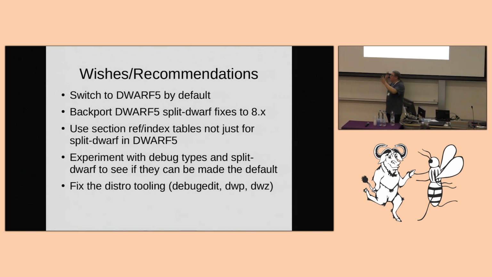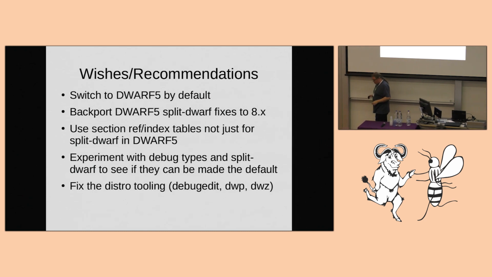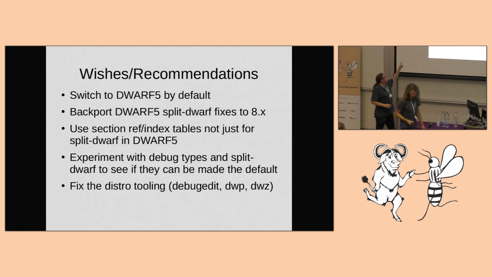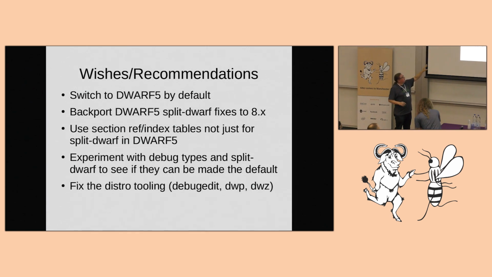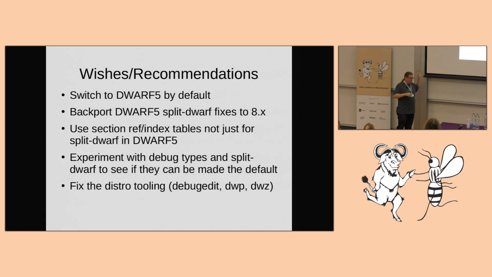Okay, these are my wishes and recommendations. I wanted to say part of it is the DWARF5 split dwarf wasn't completely correct, so GDB is excused to not completely support it. It's fixed in trunk, but probably should be backported to 8.x.